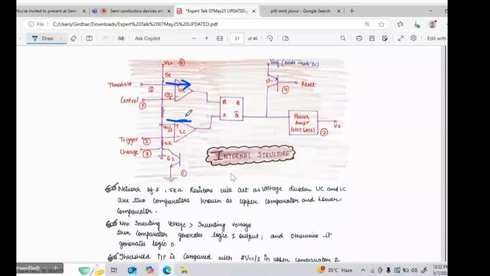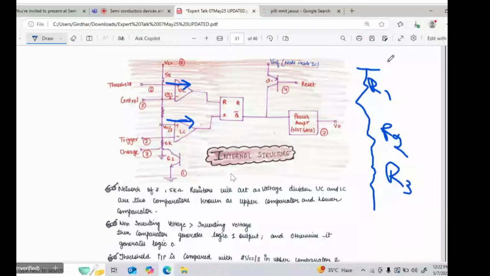If all three resistances are in series, here I am writing: this is the resistance R1, this is the resistance R2, and this is the resistance R3, and the total supply voltage we are taking as VCC, right? And it is connected to ground.